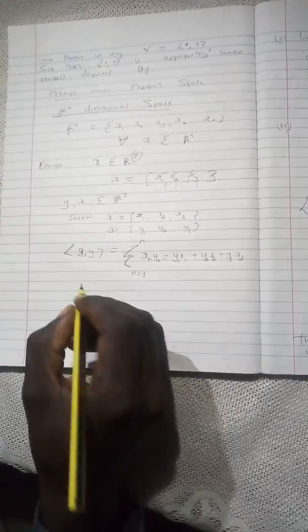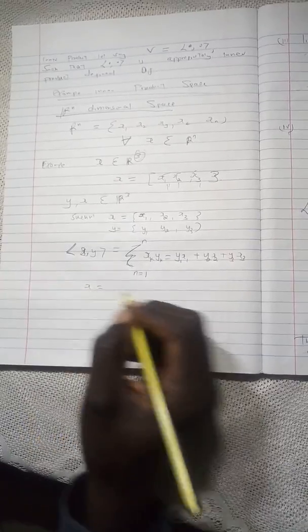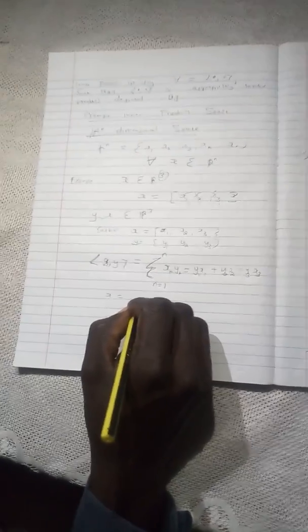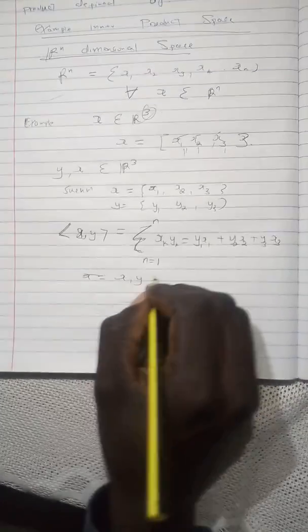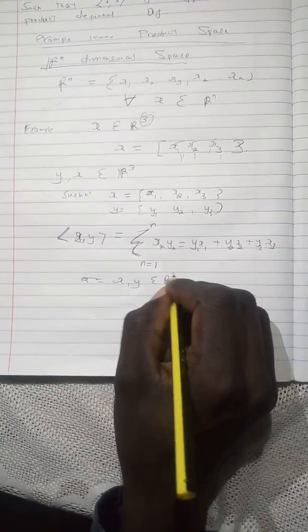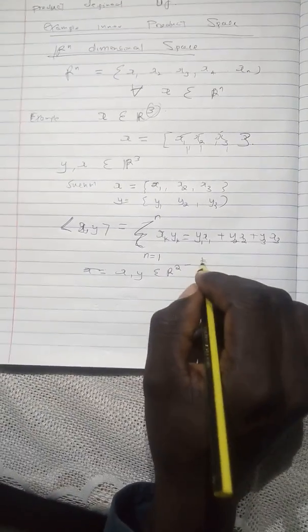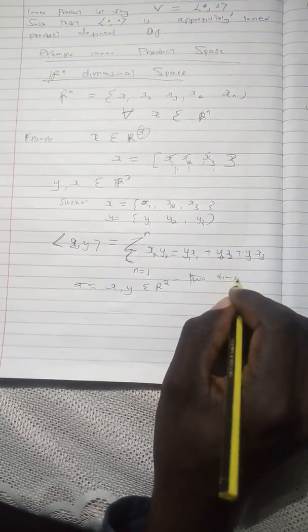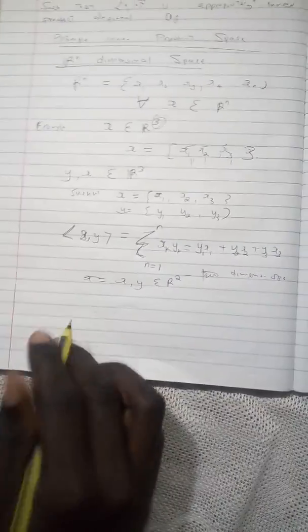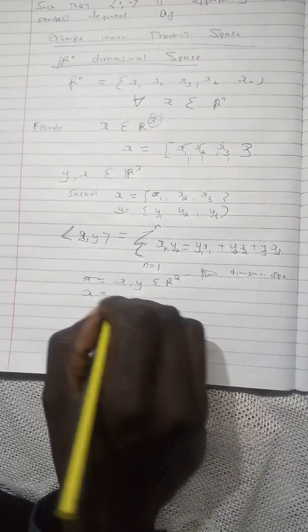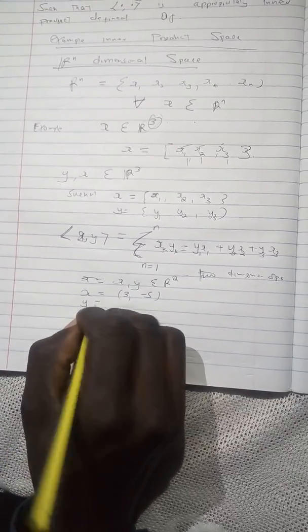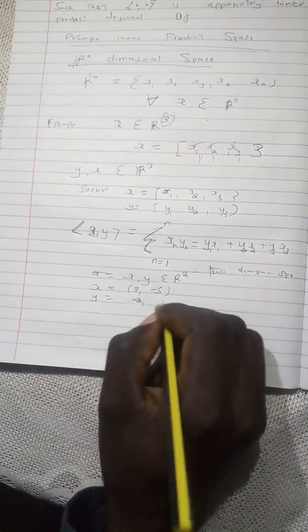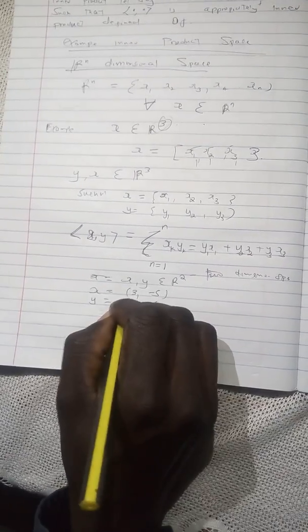Good. So if for example you've been given x and y members of R2, this is a two-dimensional space, such that x is equal to 3 and -5, and y is equal to -2 and 4.